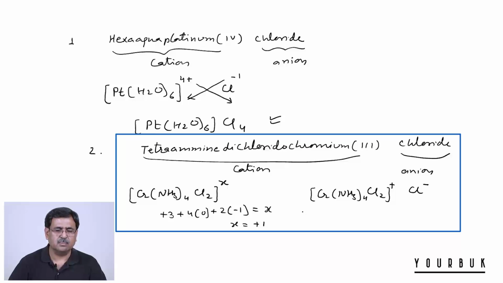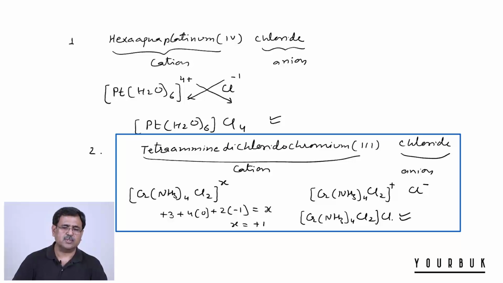So the coordination compound chemical formula is Cr NH3 whole 4 Cl2 and Cl. This is the formula of tetraamine dichlorido chromium 3 chloride. Now we take next example.